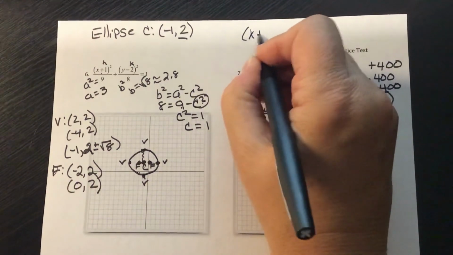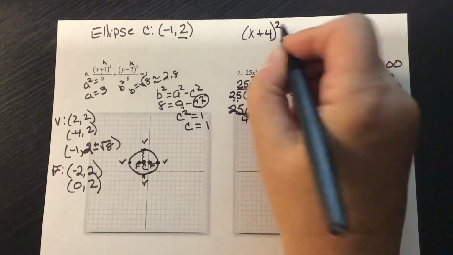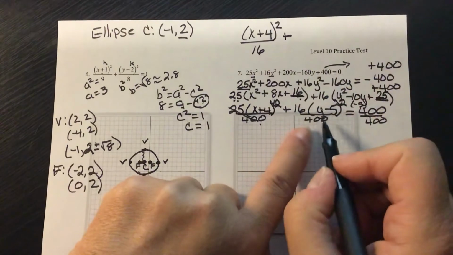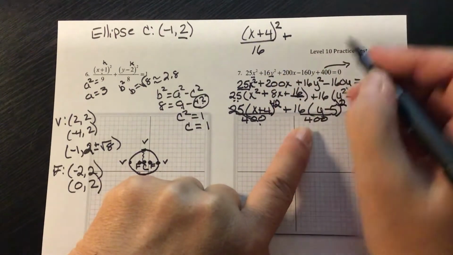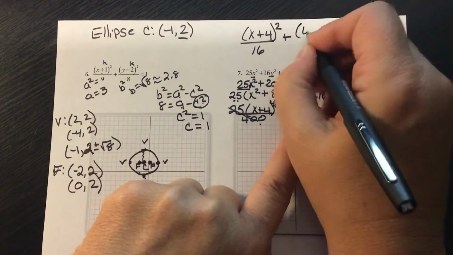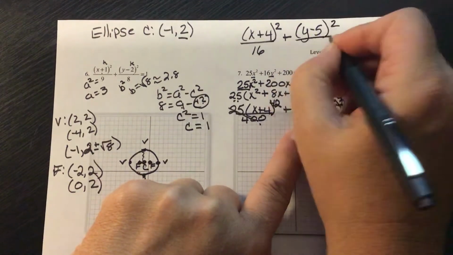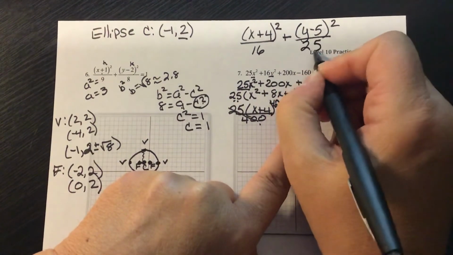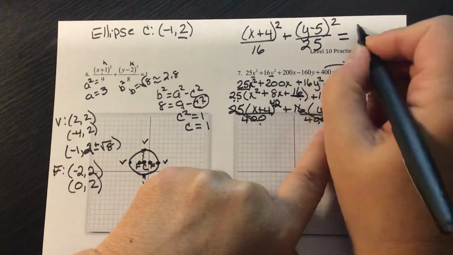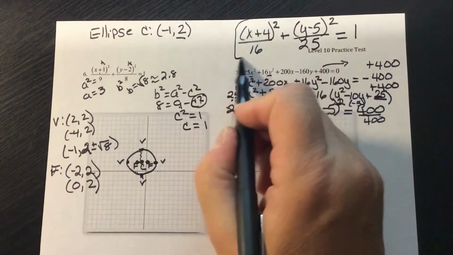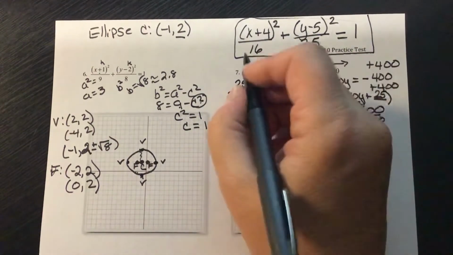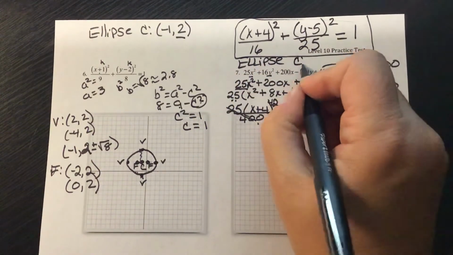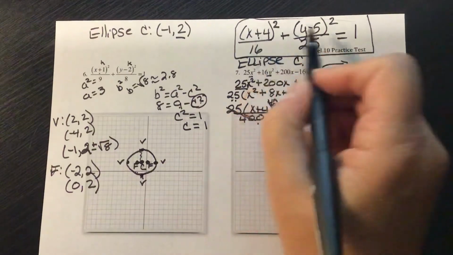I'm going to have x plus 4 quantity squared over 16 plus y minus 5 squared over, and 16 goes into 400 25 times, and that's going to equal 1. So this is the equation. This is an ellipse, and my center is at negative 4, positive 5.